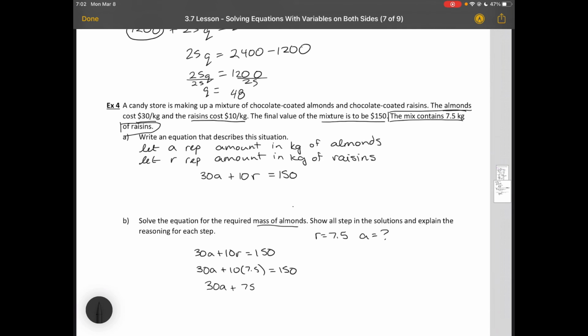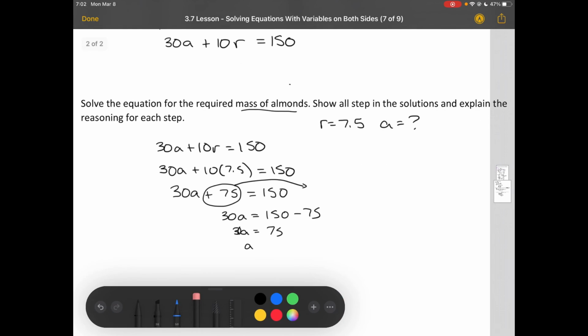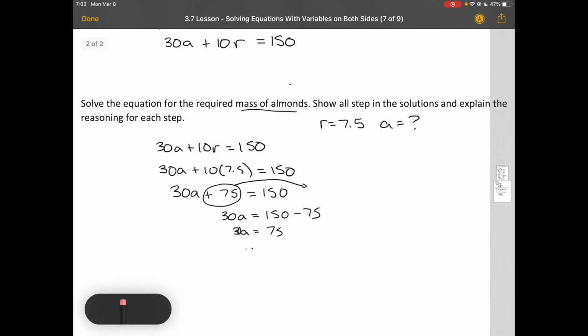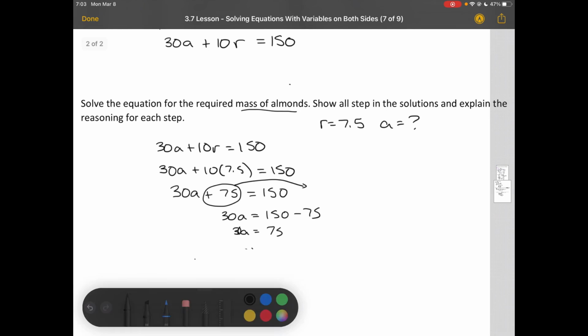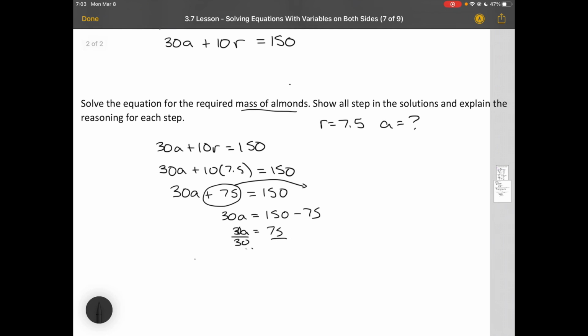So here I've got 30A plus 75 equals 150. I'm going to move my 75 over and change the sign. So I've got 30A equals 150 minus 75. Oops, 30A equals 75. And then in order to figure out what A is, I'm going to divide both sides by 30.